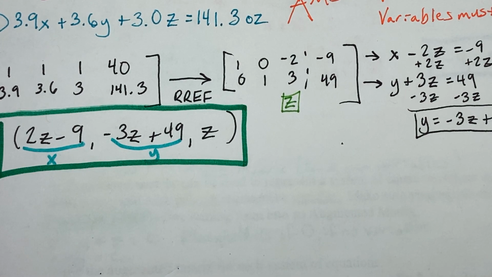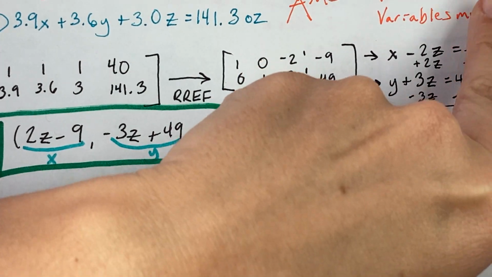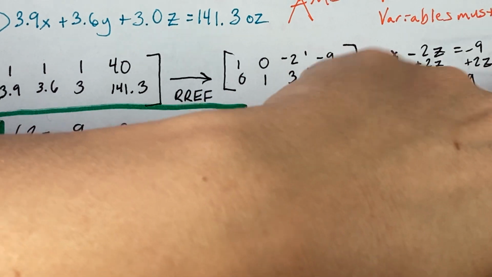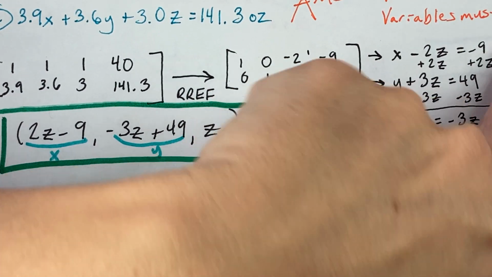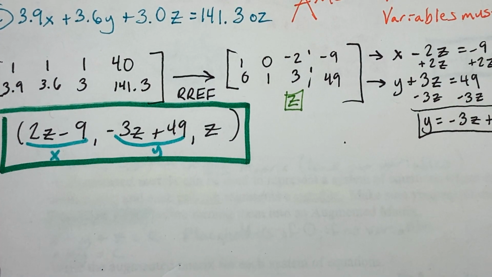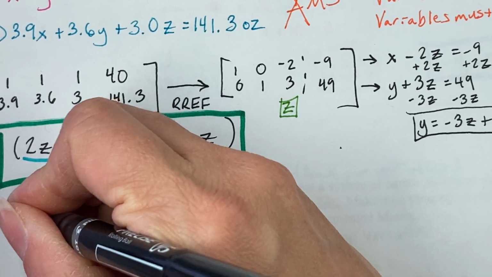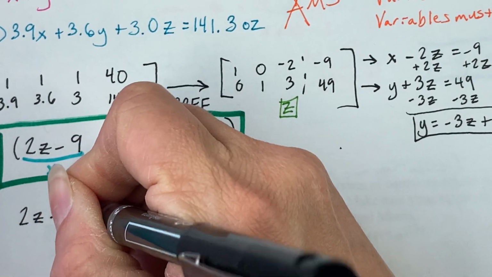Now, what we are going to do is try to put these specifications in that say, hey, our variables need to be integers, and our variables need to be greater than or equal to 0. So we're actually going to start with the greater than or equal to 0 part of this. First, my X variable, 2Z minus 9.